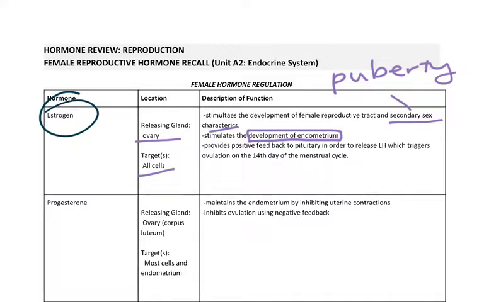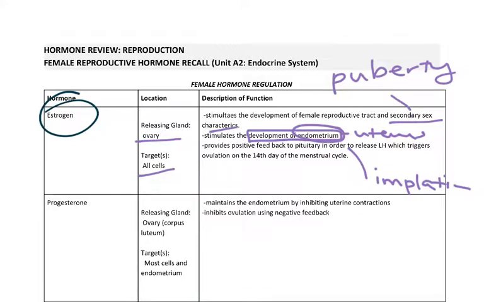Remember, your endometrium is part of your uterus, and it's going to line the inside of the uterus. The endometrium is the structure where implantation is going to occur if an egg and a sperm unite. So it's really important that estrogen targets the development of that endometrium.